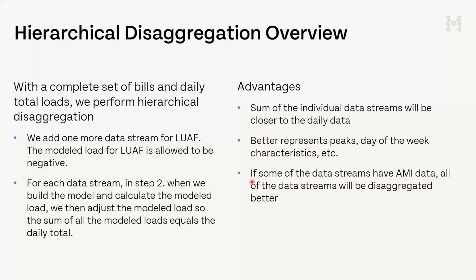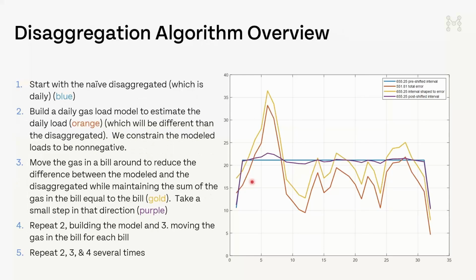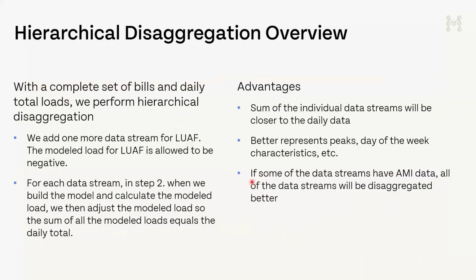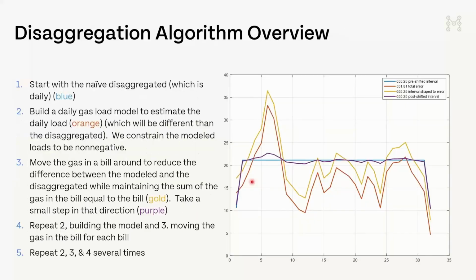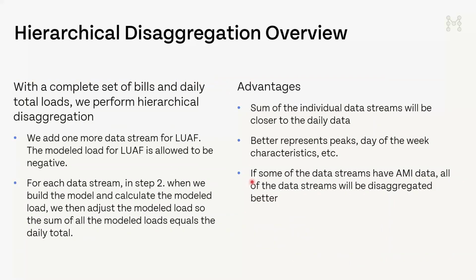And it's a process similar to what I explained on the previous slide, but when we build the model to think what the load should be, the orange curve here, we then do the hierarchical forecast, if you will, to adjust the model so that the sum of the models of all the different customers, because this would have been just one customer or one set of customers. We would have a model for all the sets of customers. We would adjust those models so that the sum of them equals the total load into the system.